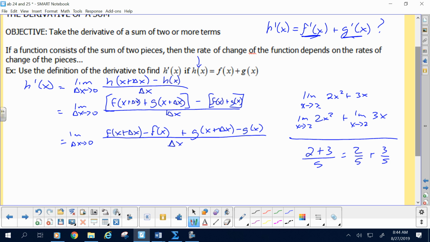Okay, so are these equal? Yeah, okay. Now, this is kind of confusing because it's reverse of what we normally do to add fractions. My point is this: if you have a big fraction, you can split it over two separate denominators. All right, so how would I want to split this? Put the f stuff over a delta x and the g stuff over a delta x.